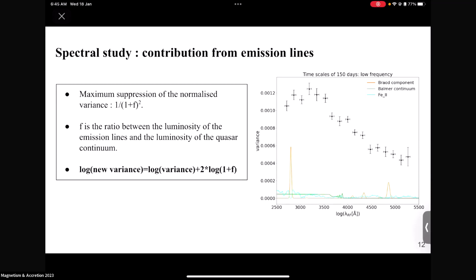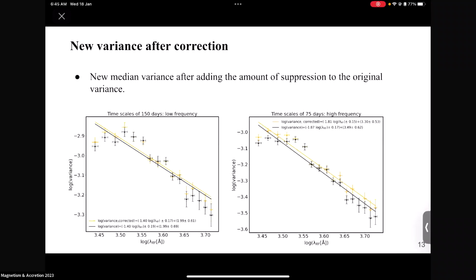that can be obtained by using this formula: log of new variance equals log of variance plus 2 times log(1 plus f), where f is the ratio between the flux of the emission line and the flux of the quasar continuum. We did this correction for both time scales, and the orange points represent the corrected variance.